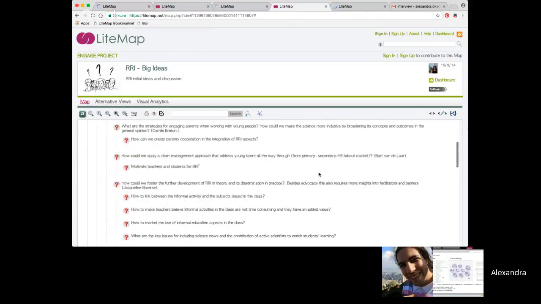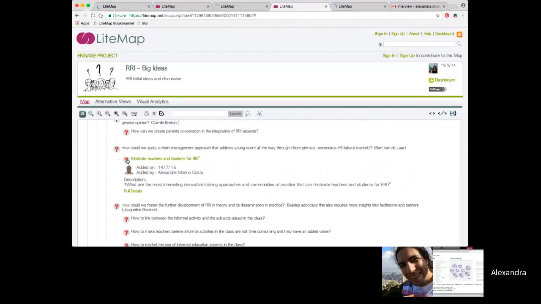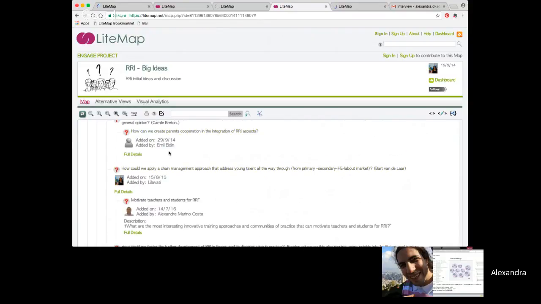And then, for instance, let me see something. That was a person who brought one question: how to motivate teachers and the students for RRI. So when I open here, I can see people. Look, you are here, can you see? How can you create parents' cooperation in the integration of the RRI aspect?